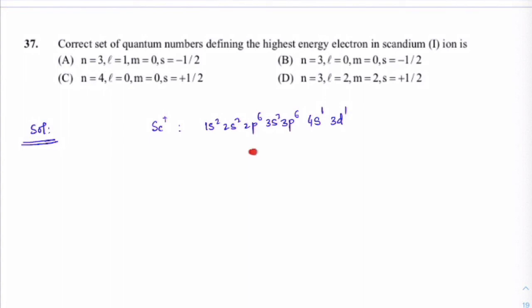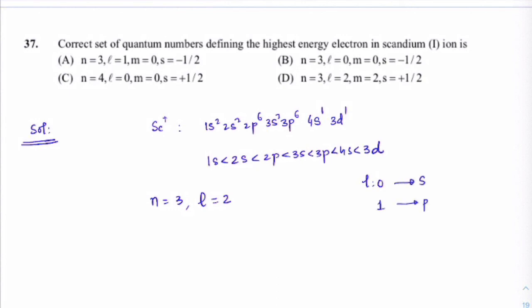Now if you recall the energy of all the orbitals, the way I have written is the energy based on the Aufbau rule. So 2p, 3s and 3p, then 4s and then 3d. So the 3d has the highest energy electron, so n is equal to 3 and l is equal to 2, because l 0 represents s orbital, 1 represents p orbital and 2 represents d subshell, right?